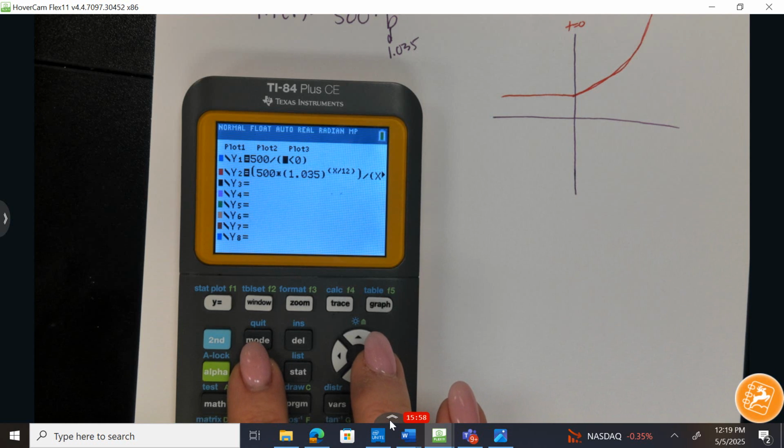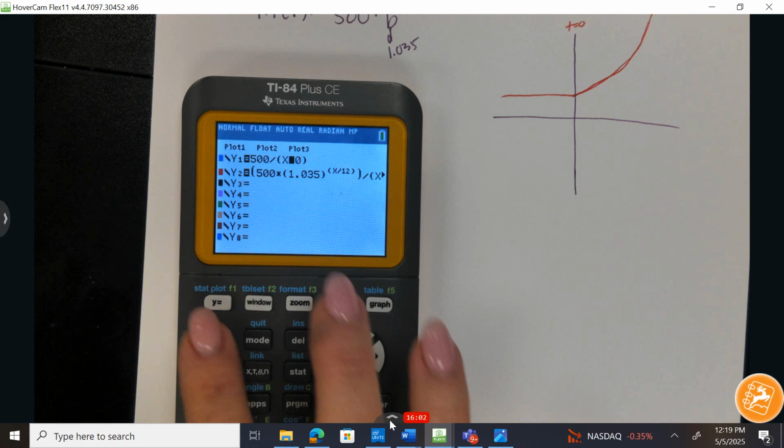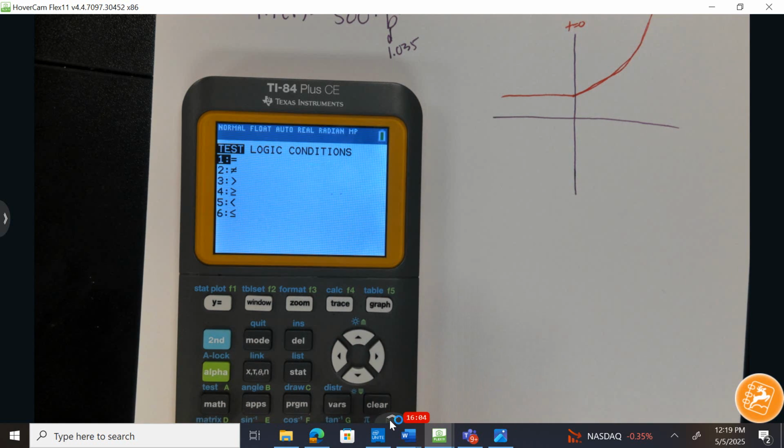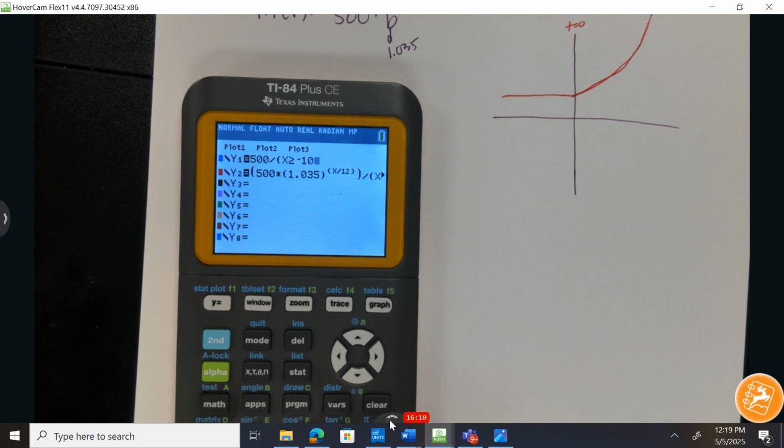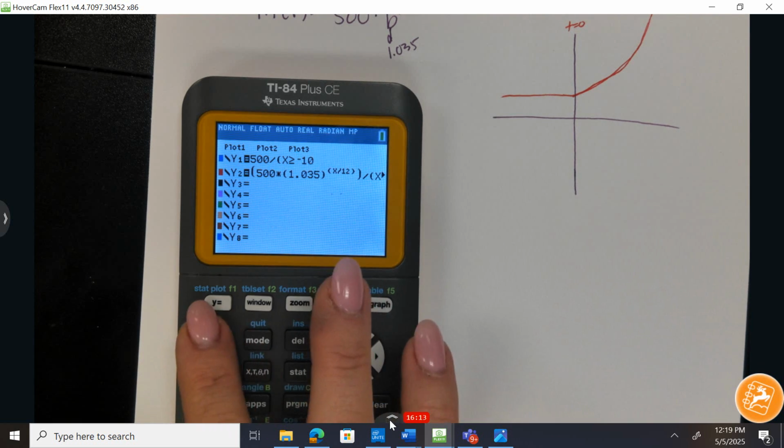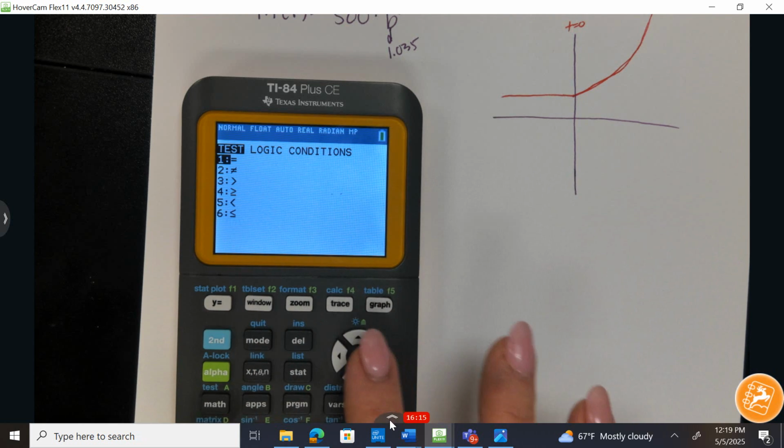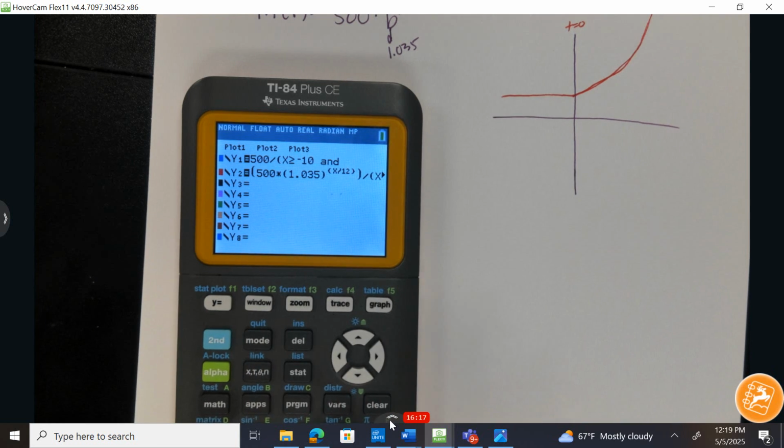I've got to think of the best way to write this as a combo function. So X is greater than or equal to -10, and then we're going to go back to that test and go to the logic, and X is less than 10.